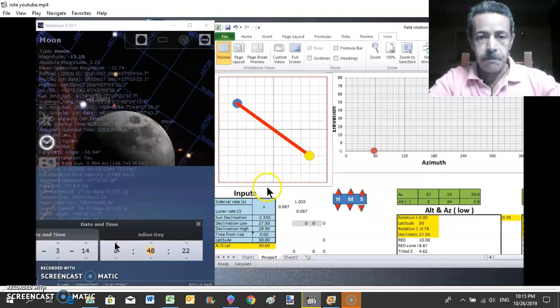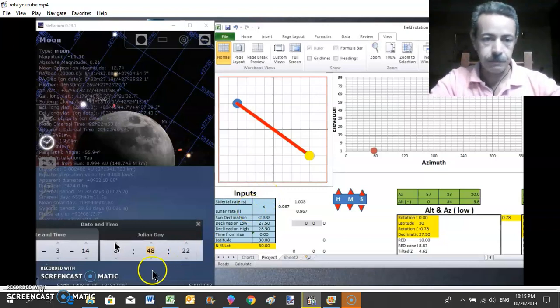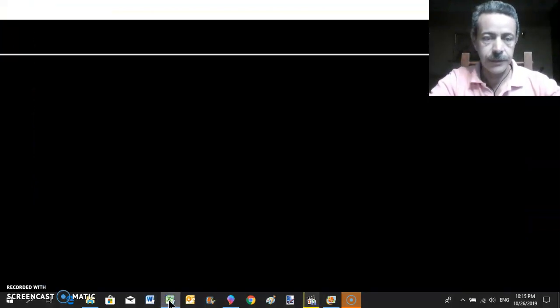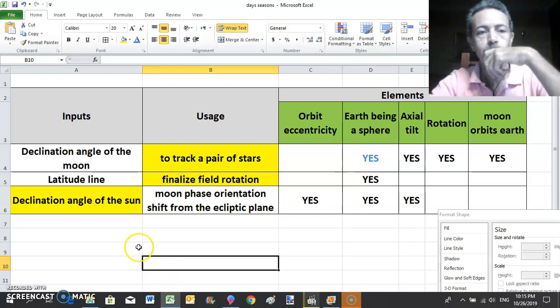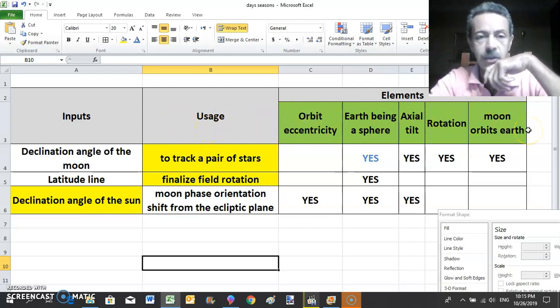The inputs for this application actually are 3. Now let's go here. I have the inputs, the usage for those inputs, and the heliocentric elements that I used to solve the problem.